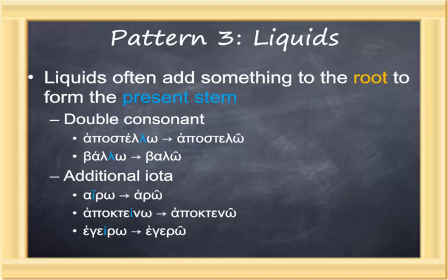Egeiro and egero, notice the extra iota again in the present. So moving from root to stem with many liquids, changes occur to form the present. The present is more irregular than the future.